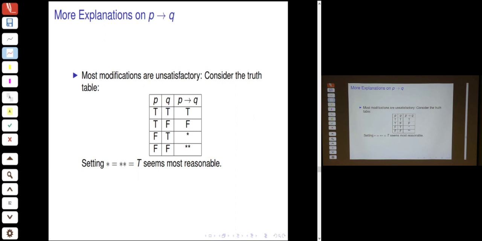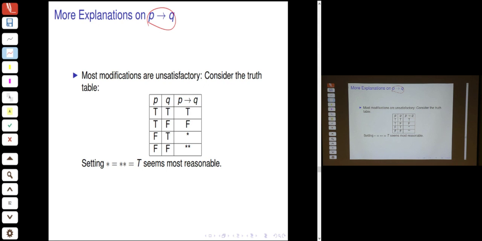Now here I can give you another explanation of why we set up this P arrow Q truth table like TFTT. I want to convince you. Suppose we hate the way we set it up. We don't like it, we are unsatisfied, so we want to draw a truth table of this in our own way.